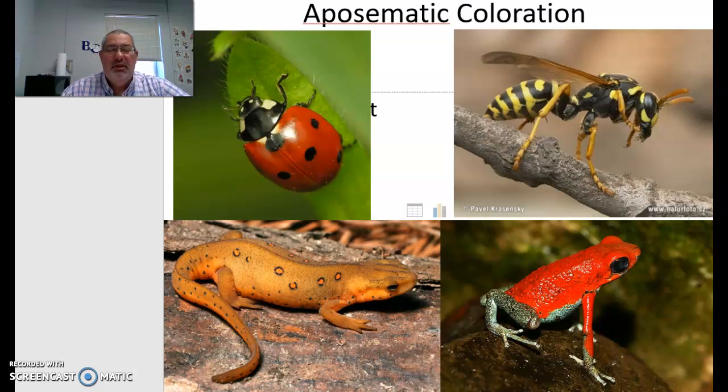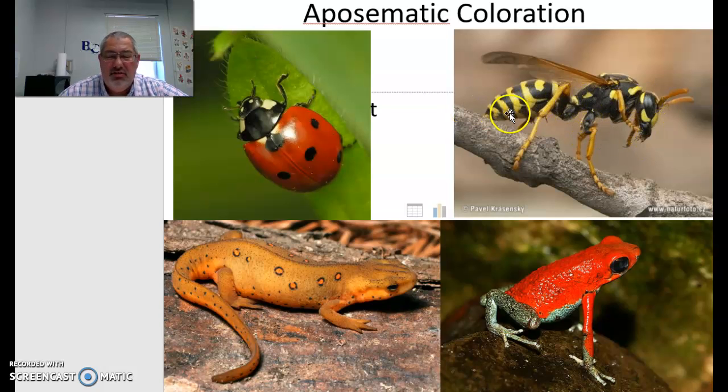Aposematic coloration is when one organism, could be a prey, could be a predator, has very bright coloration, often shiny, and the main colors are yellow, black, and red, or even orange. So the yellow jacket, if you've ever been stung by one, you know how painful that is.